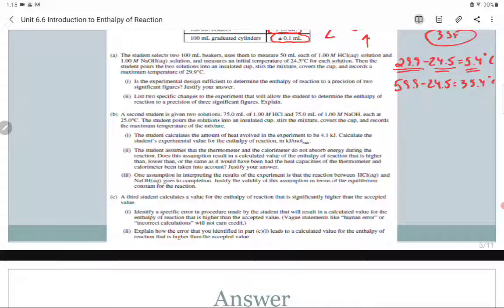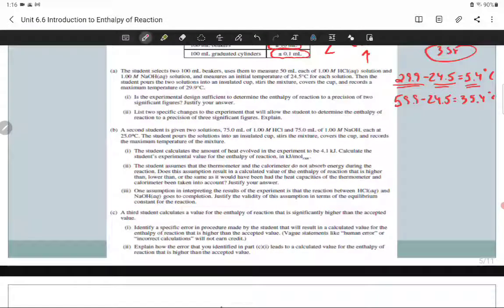So how do you take the Q and turn it into delta H? So we have, again, a kilojoules, but we want a kilojoules per mole of limiting reactant. Well, both of these are exactly the same amounts, and they're a 1-to-1 ratio in the chemical reaction, so they're both the limiting reactant.